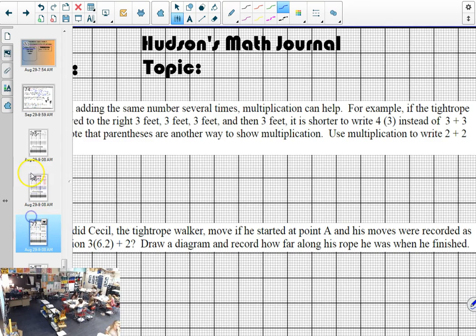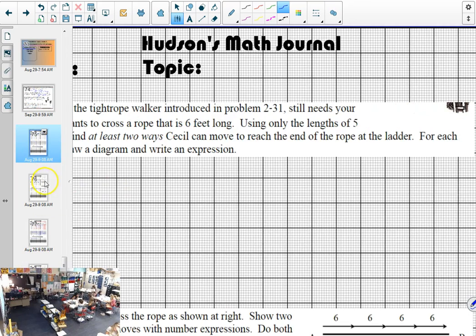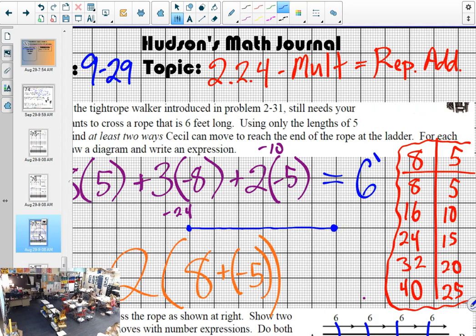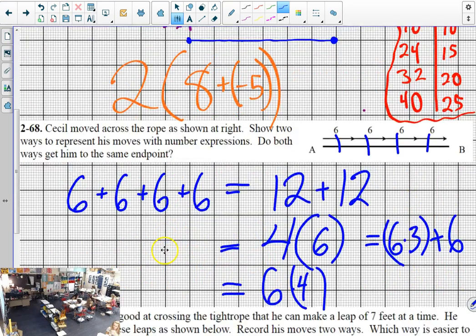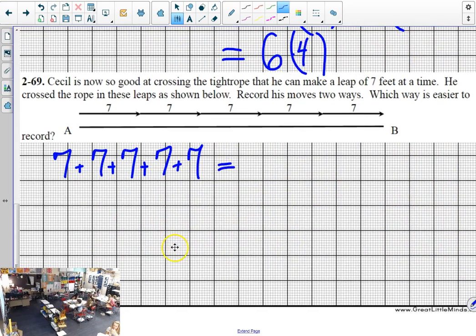How did Cecil detect a blocker and move it to start at point A and use his order as expression. Draw a diagram and record.